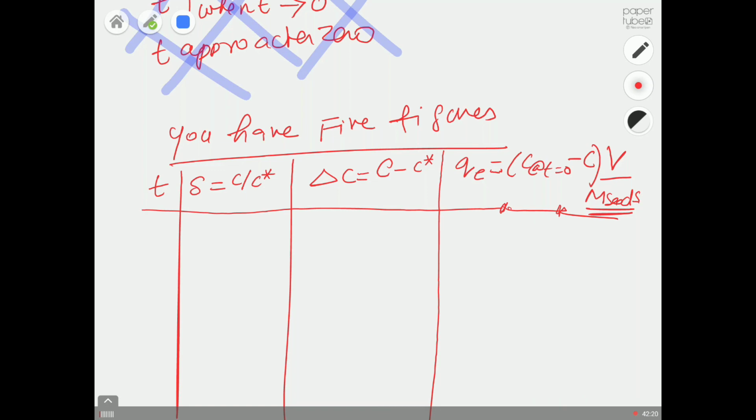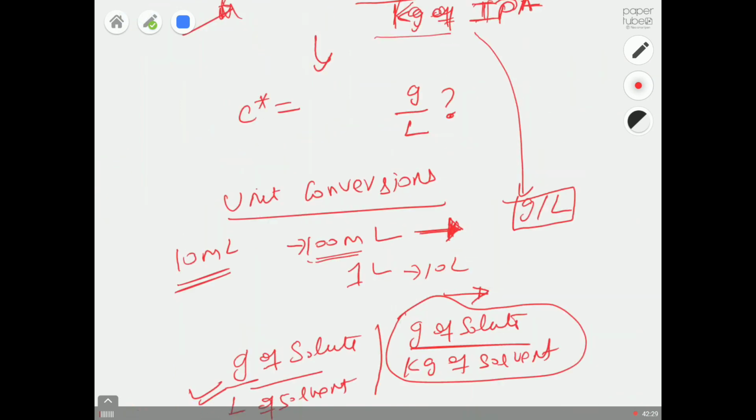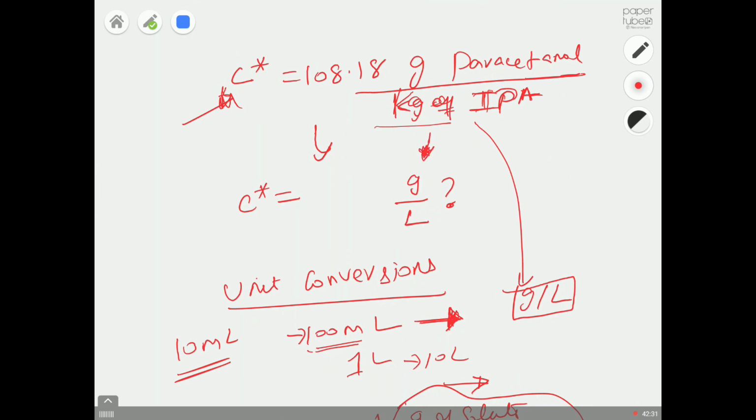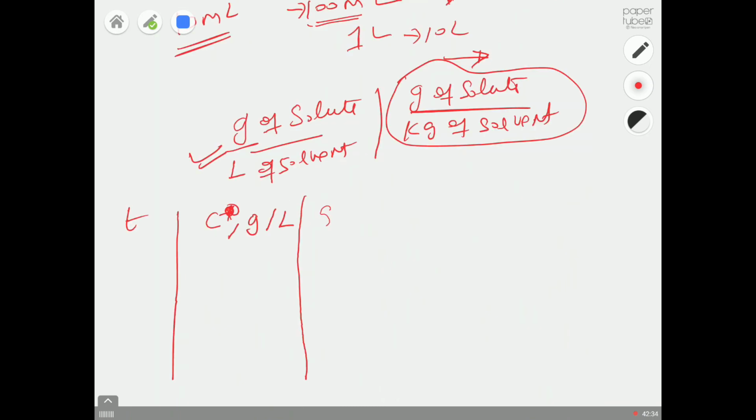I will show you how to do the calculations one by one, like how to convert these grams per kg into grams per liter. And then we will calculate our supersaturation ratio, and then we will calculate our QE values. Then I will show you how to plot, and then how to get the kinetic constants. I know you are third year pharmaceutical chemistry, final year chemical engineering students, and graduate chemical engineering students.